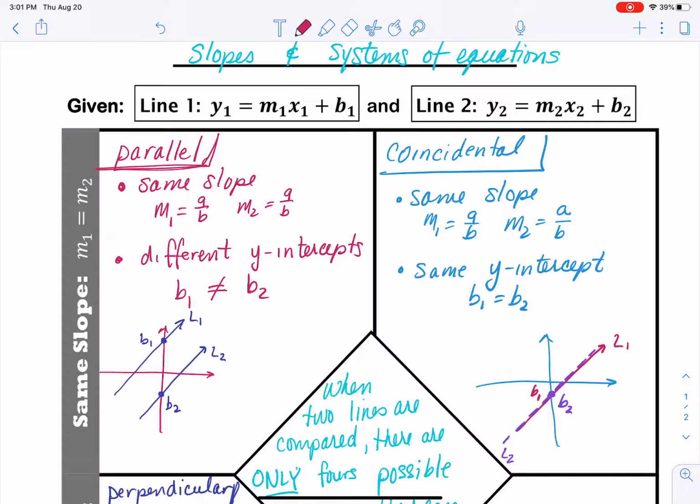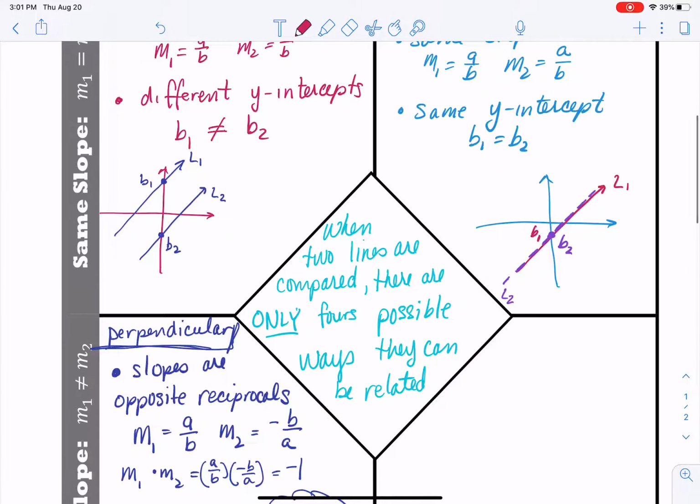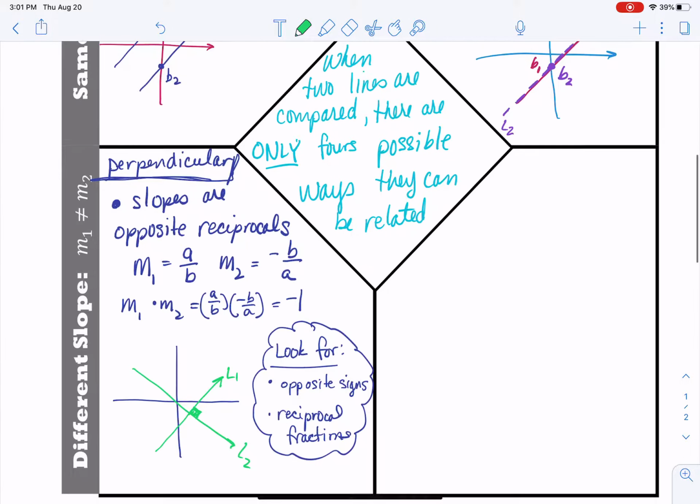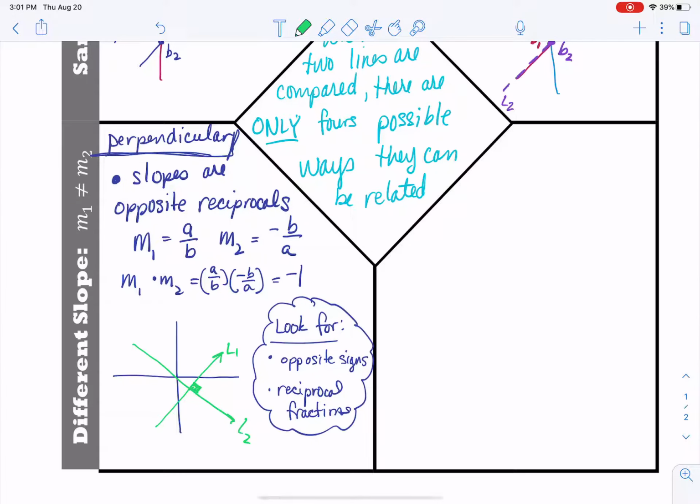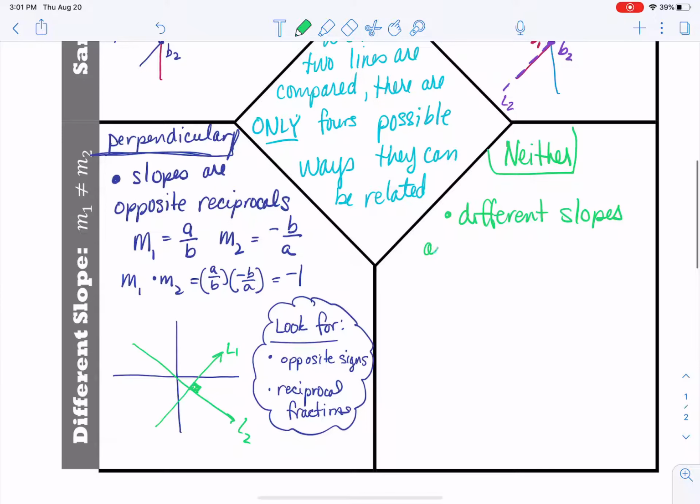So if we go through all these processes and they're not parallel, and they're not coincidental, and they're not perpendicular, we are left with neither. The first way is that they are different slopes, and not opposite reciprocals.